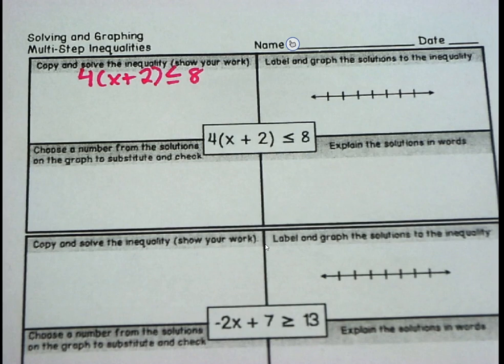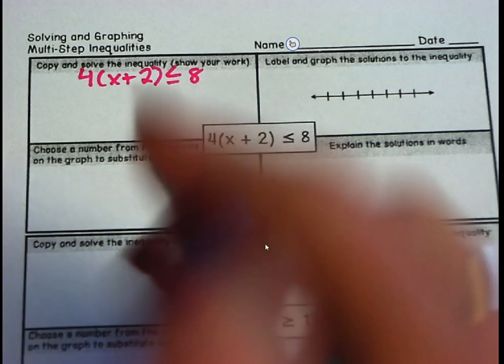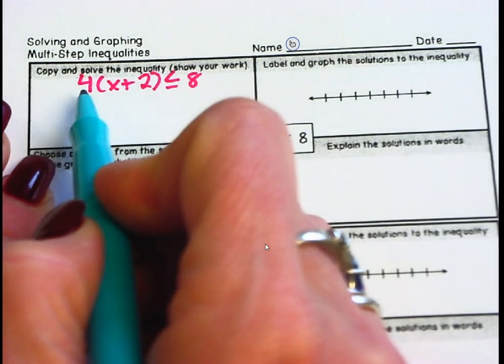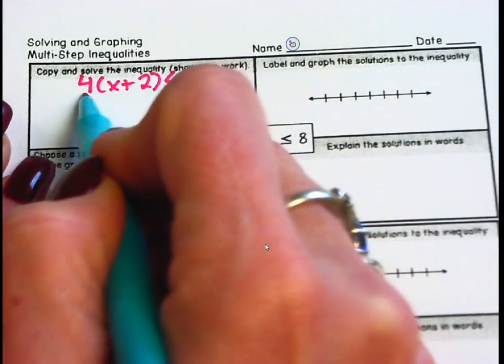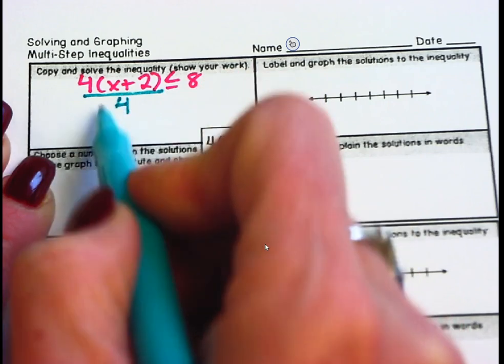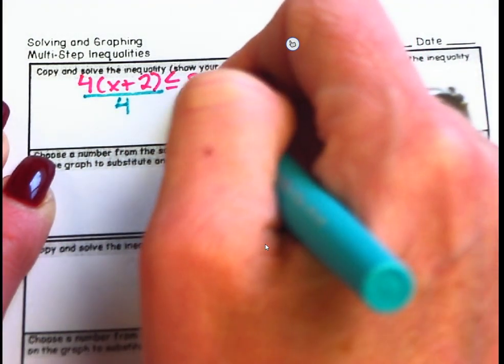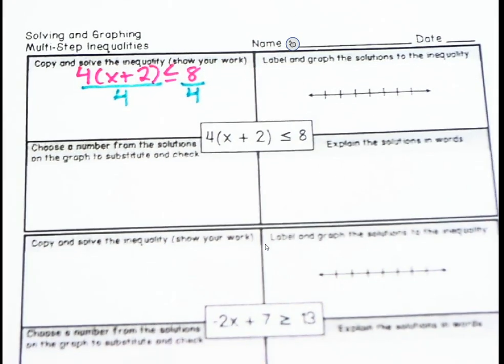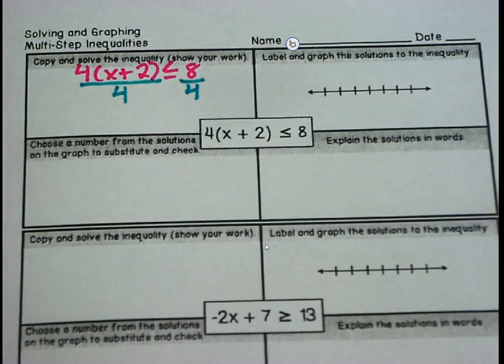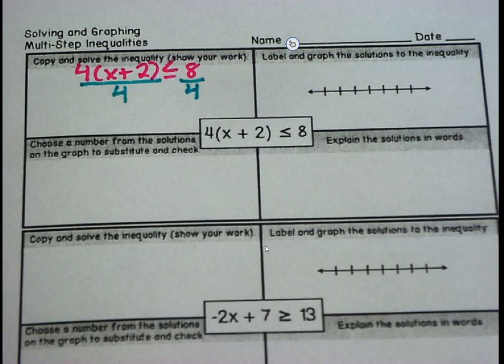So what am I going to undo first? I'm going to undo the multiplication by 4 by dividing both sides by 4. Now watch. I'm dividing by a 4. Should I flip my sign? Don't I flip when I divide?